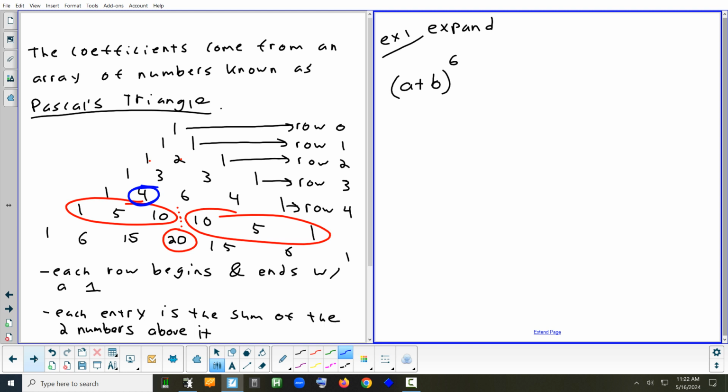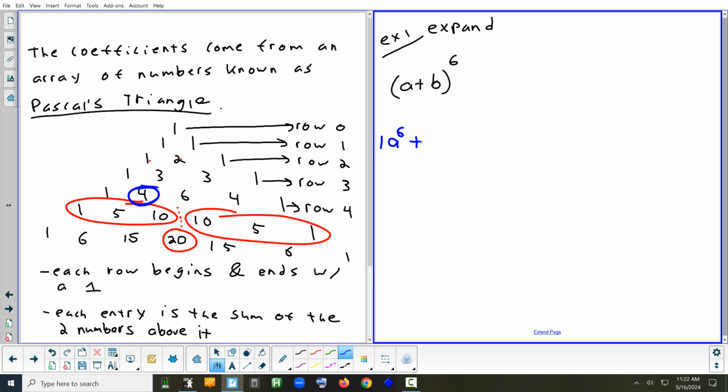Yep, it's going to be a 1. And what's going to be my exponent on a? 6. Yep, a to the 6th. What's my exponent on b? There's no b for the first term. It's not there yet.